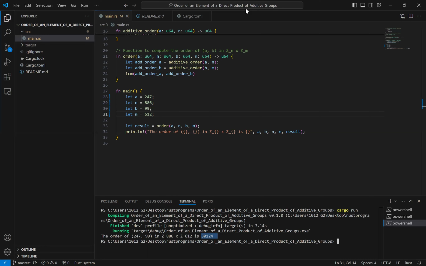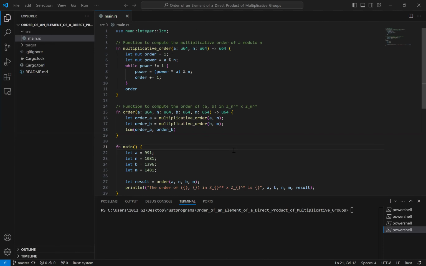Then I can also show you the multiplicative one so that I explain both. Now, I've also created another one for where the groups are combined, mixed, additive, but this one is just for the multiplicative group cross multiplicative group.